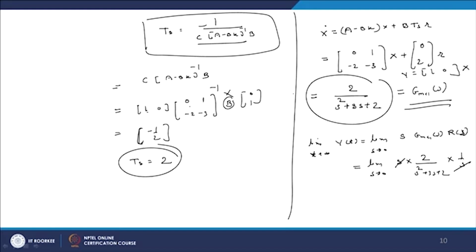So this is cancelled, and replacing s with 0 we get 1. So the steady state output is 1, the error is 0, and the required result is satisfied. The response y of t will reach a steady state of 1.